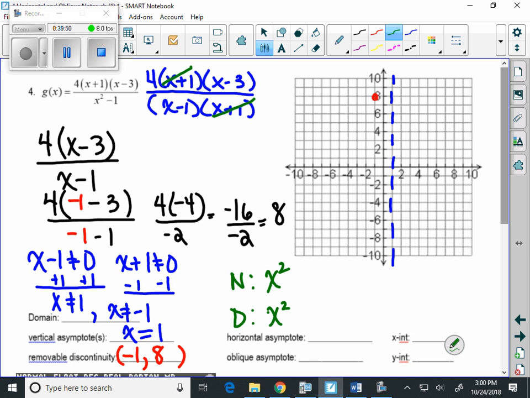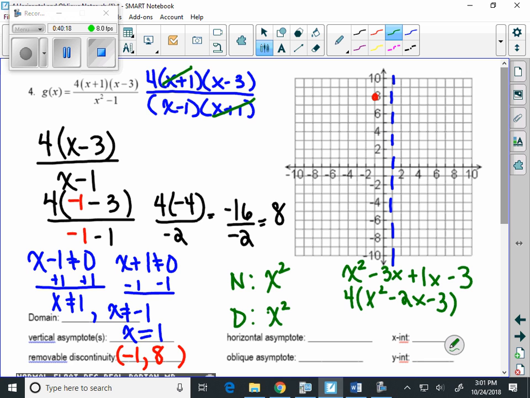Now, if you don't see that, what we can do is multiply the x plus 1 times the x minus 3. So we get x squared minus 3x plus 1x minus 3, which is really x squared minus 2x minus 3. And I don't want to overlook the fact that there's a 4 in front of there.